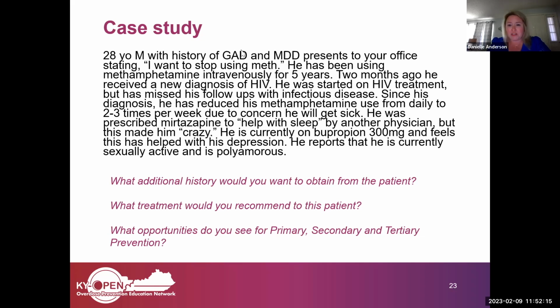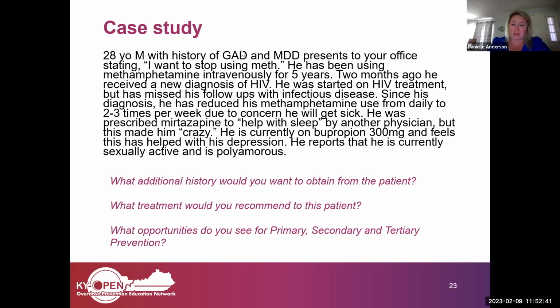For this patient, we know this patient's already on bupropion or Wellbutrin. I think some of us recognize that as Wellbutrin. A possibility for this could be the use of the intramuscular naltrexone along with the bupropion, which is IM naltrexone. I think somebody had asked in the last lecture about that.